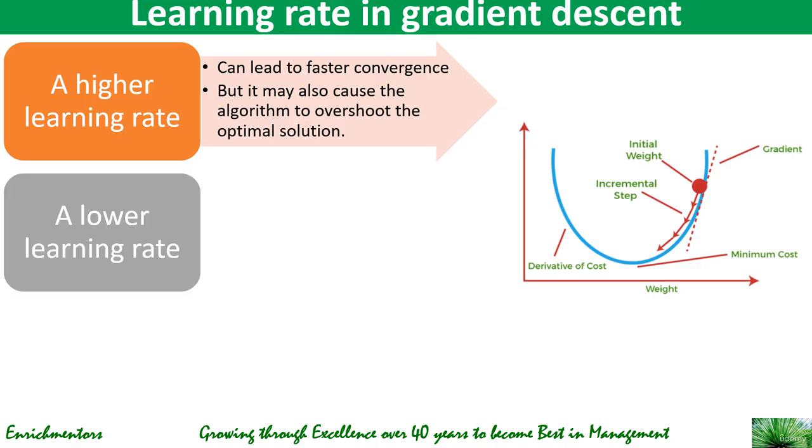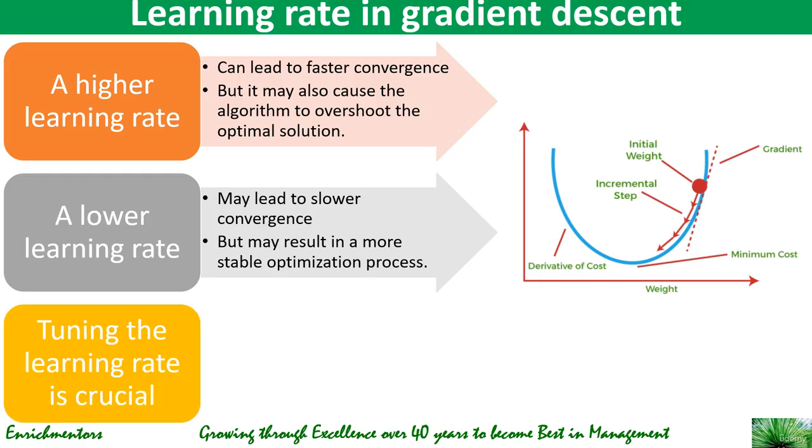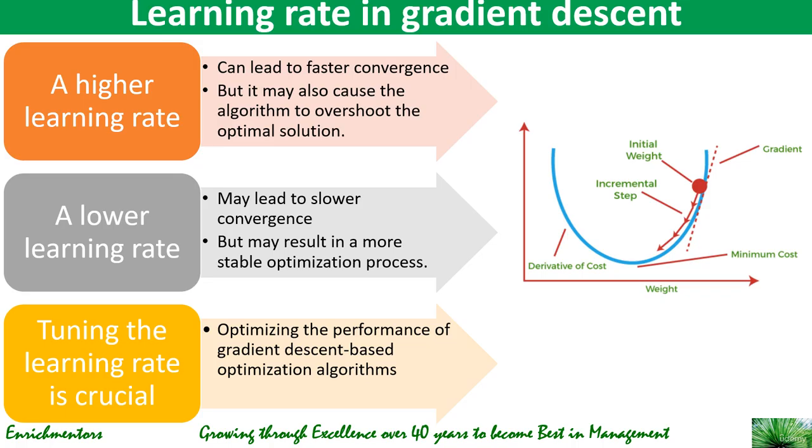A lower learning rate may lead to slower convergence, but may result in a more stable optimization process. Now, tuning this learning rate is critical for optimizing the performance of the gradient descent based optimization algorithm. This is a critical parameter that helps you reach the optimization, and as we'll see later on, it avoids any kind of overshooting or undershooting.